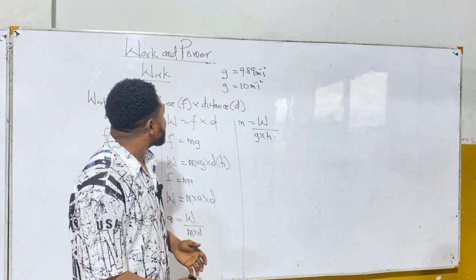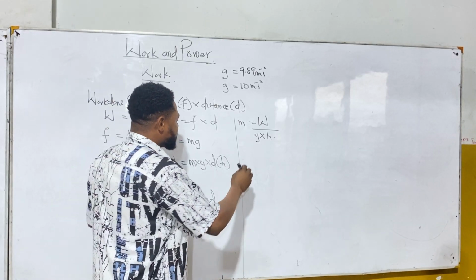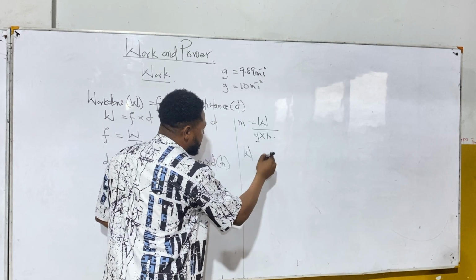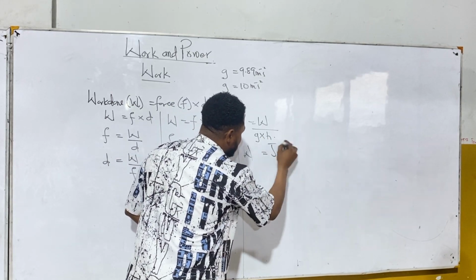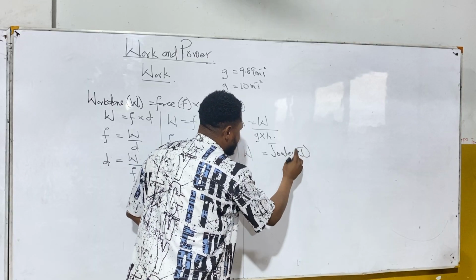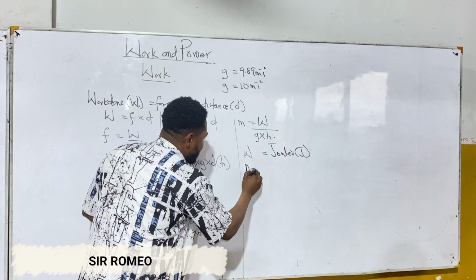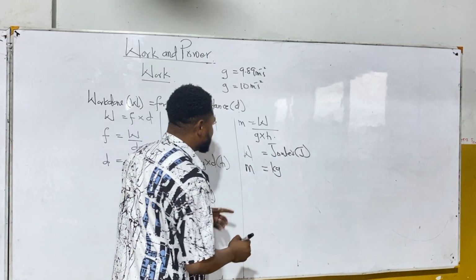All right, let us look at the units in which these quantities are measured. First of all, work. The SI unit of work is joules, that is capital J. And we have mass. The SI unit for mass is kilogram, which we need to take note of.